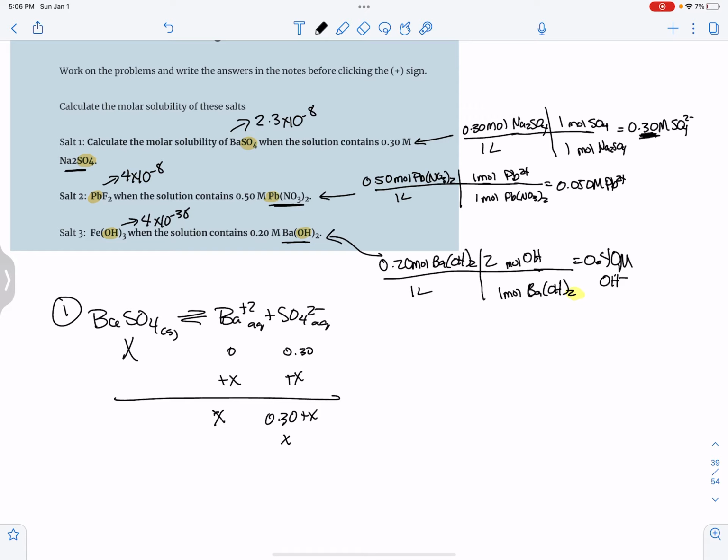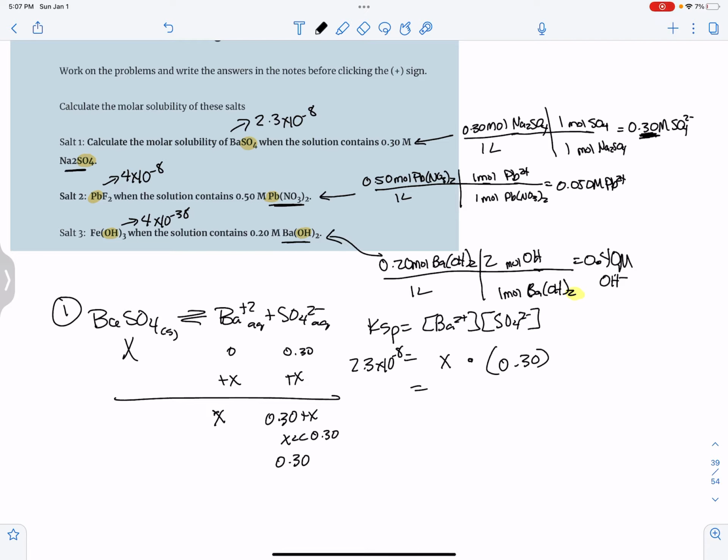Note that I'm going to assume that x is way smaller than 0.30 so that I can just put in 0.30. So KSP is equal to the barium times the SO4. So that becomes x times 0.30. And the KSP I looked up was 2.3 times 10 to the minus 8th.